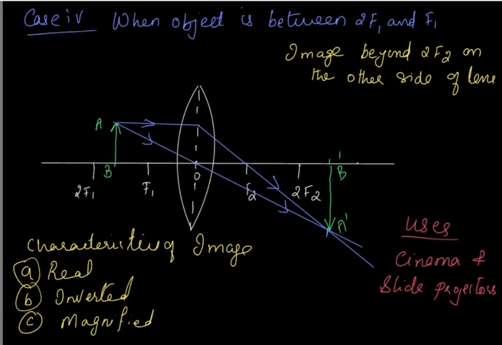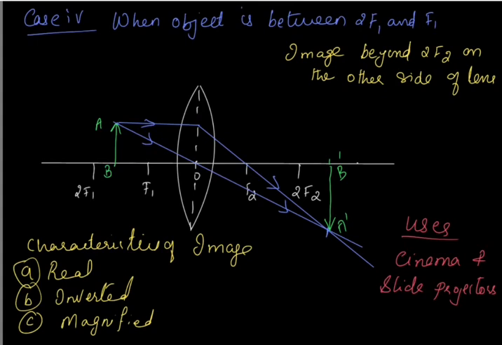Now this position of the object in a convex lens can be used in slide projectors or cinema projectors. There the object will be placed between the focal point and double the focal point of the projecting lens, and we get the image on the screen, which is placed at a distance beyond 2f2, so that we get a magnified image which is inverted in nature.